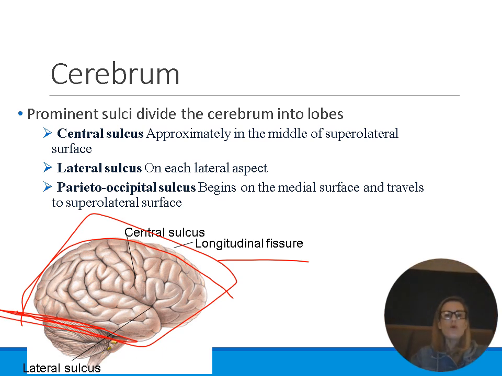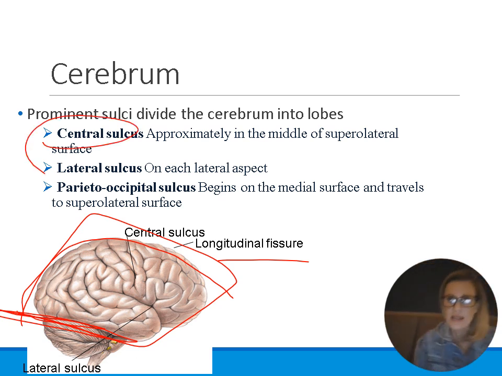There are a few prominent sulci, shallow grooves that are very prominent, that divide the cerebrum up into lobes. So the cerebrum is divided up into lobes by some long dominant grooves. The central sulcus is the longest uninterrupted sulcus that we have in the brain.